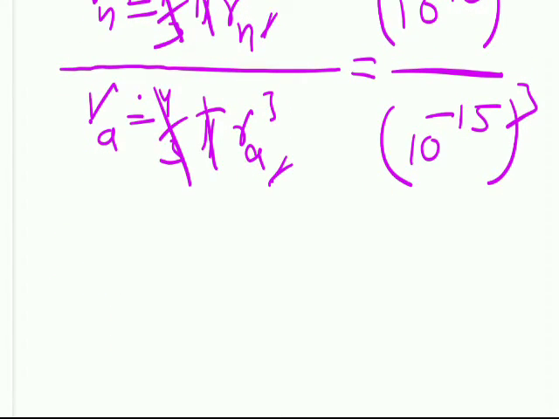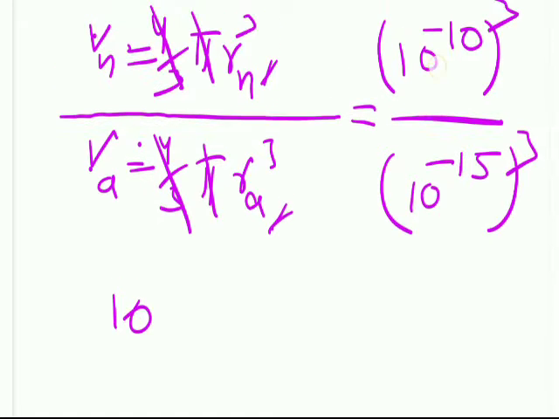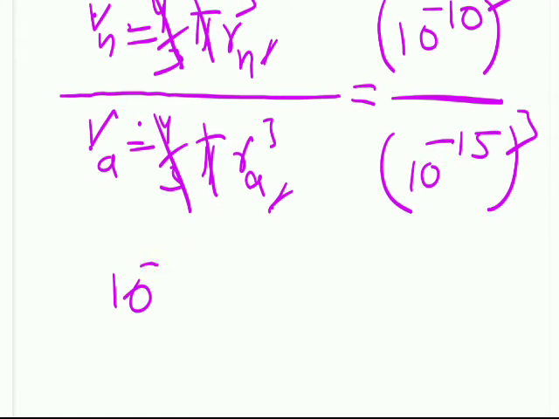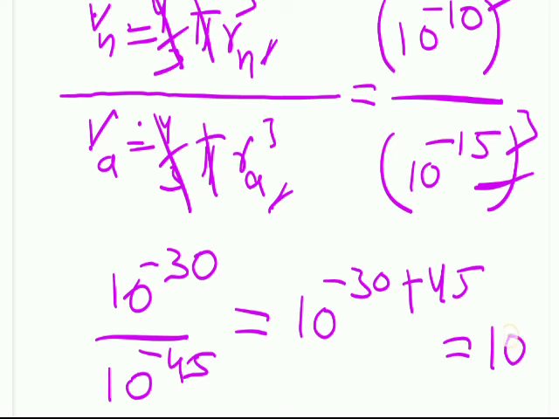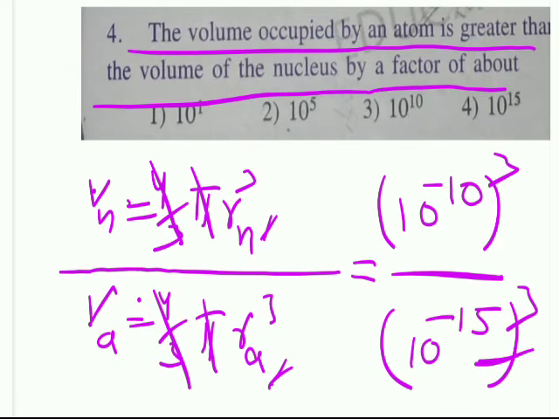So 10 to the power of minus 10 into 3, minus 30, by 10 to the power of minus 15 into 3, minus 45. Then 10 to the power of minus 30 plus 45 is equal to 10 to the power of 15, which is our answer. Check the options. Option 4 is the right answer.